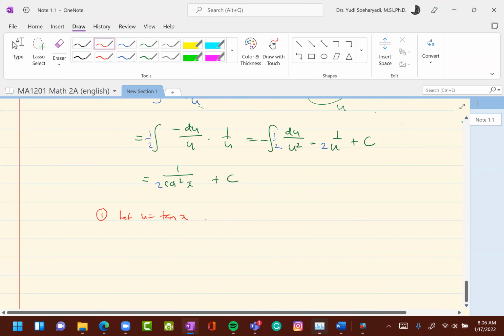Right. So the u. What's the derivative of tangent? Secant square. Is that secant square?